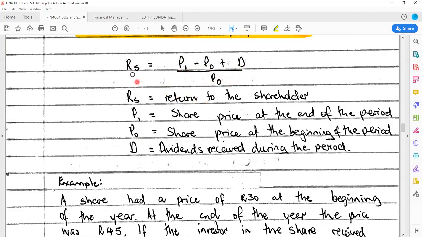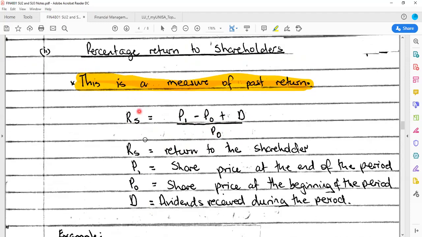RS is the return to the shareholder. P1 is the share price at the end of the period. P0 is the share price at the beginning of the period. D is the dividends received during the period. And P0 is the share price at the beginning, like I've said. So this is how you would measure the percentage return to the shareholder.